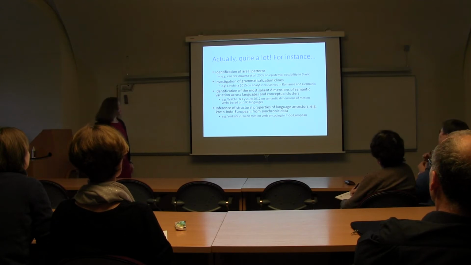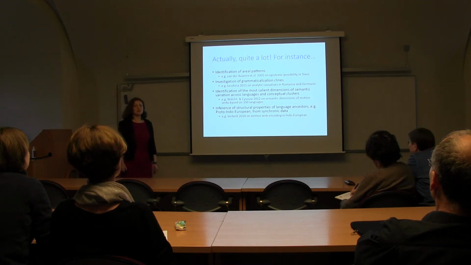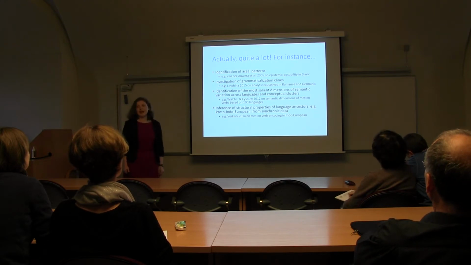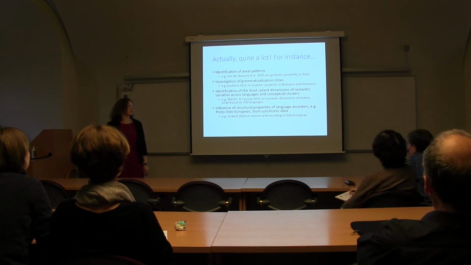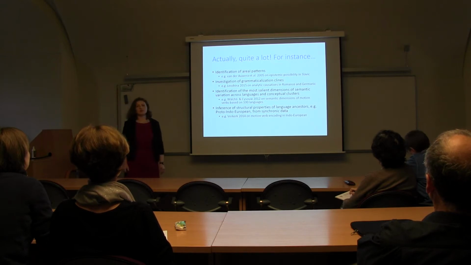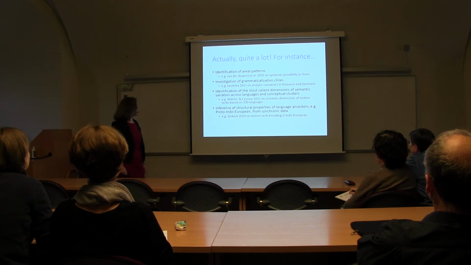One can also try to identify the most important conceptual dimensions of variation cross-linguistically, and try to identify meaning clusters across languages. An example is Wälchli and Cysouw's study based on 100 different languages, where they try to induce semantic dimensions of motion events, common semantic dimensions cross-linguistically.